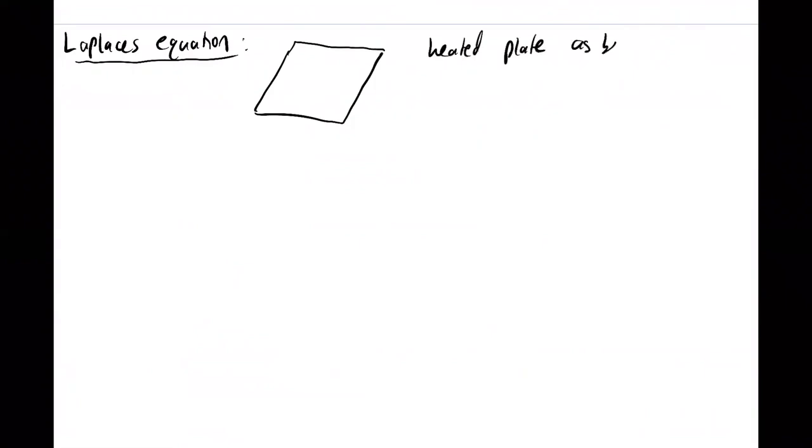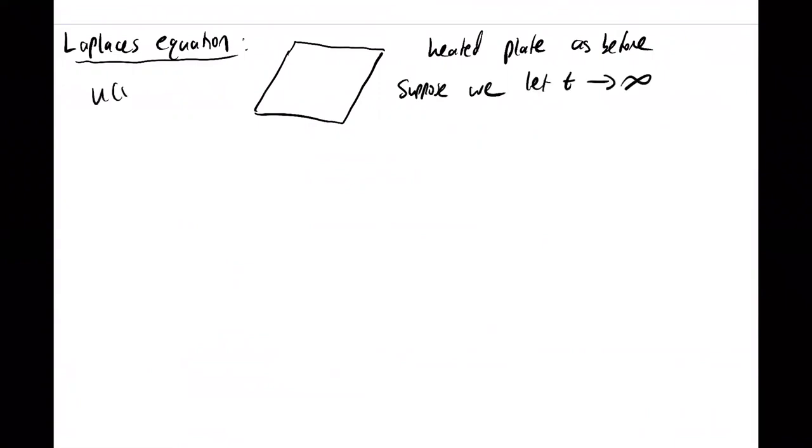And so this is best thought of in terms of the example we just saw before, right? So consider a heated plate. Maybe there are some different heat sources on this metal plate, and then you let time evolve and the heat is spreading out. Suppose we let time t go to infinity, right?